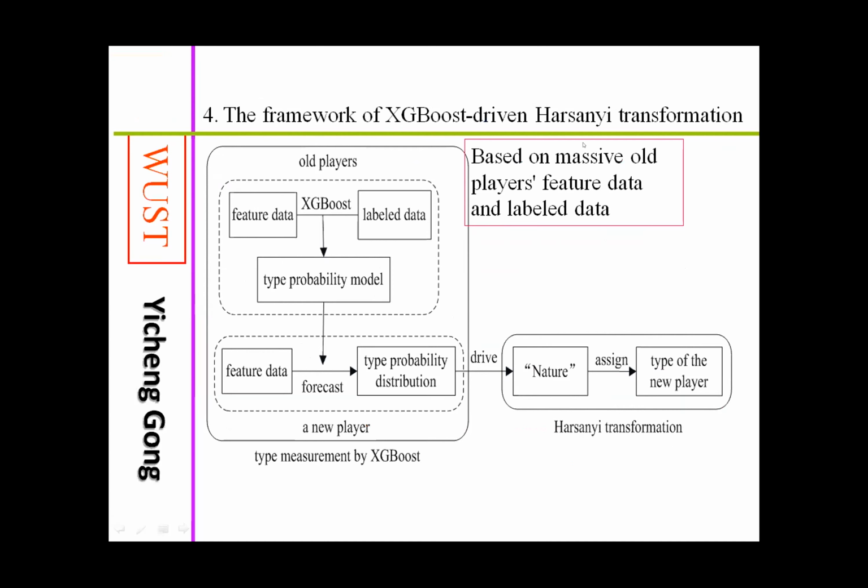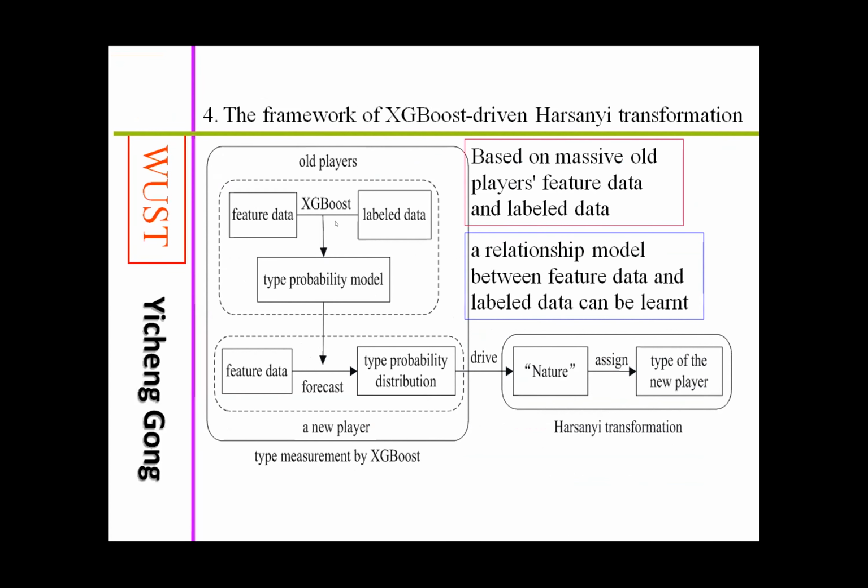Now, based on massive old players' feature data and the neighborhood data, we use XGBoost to learn the relationship model between feature data and the neighborhood data. Okay, so we can get a model, the type probability model.